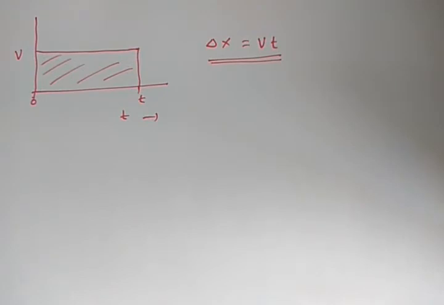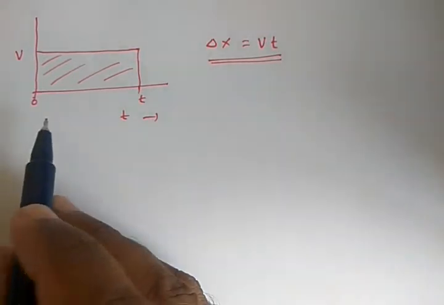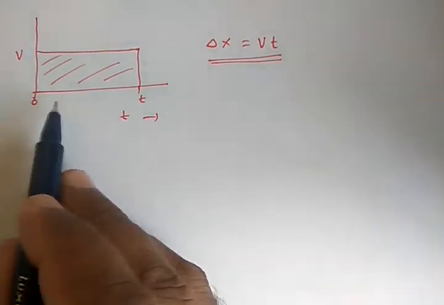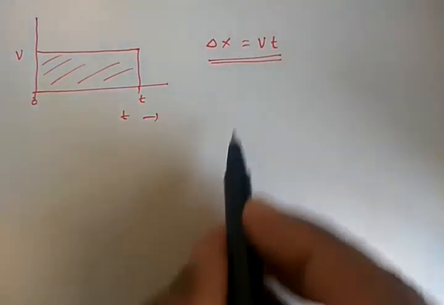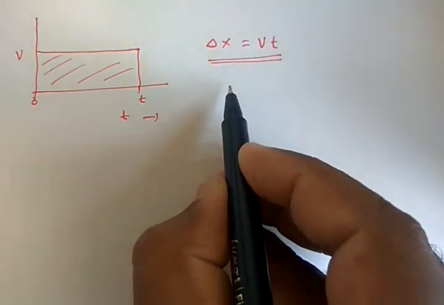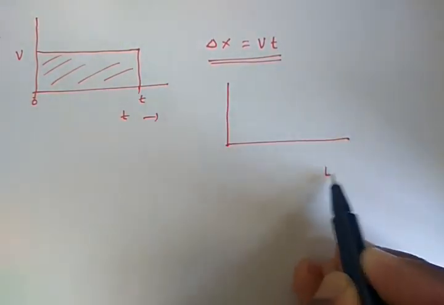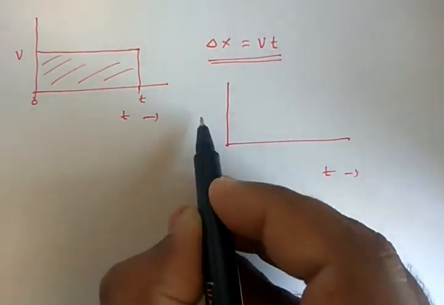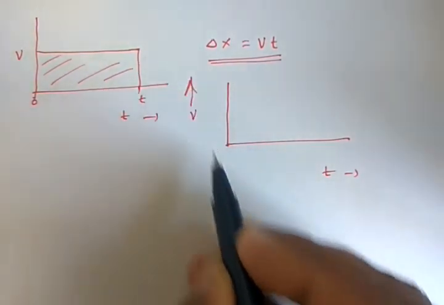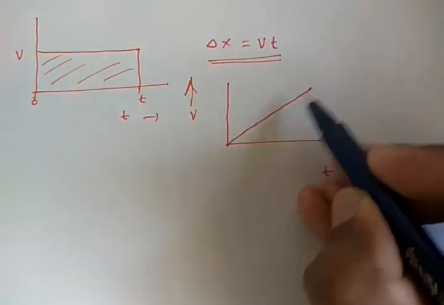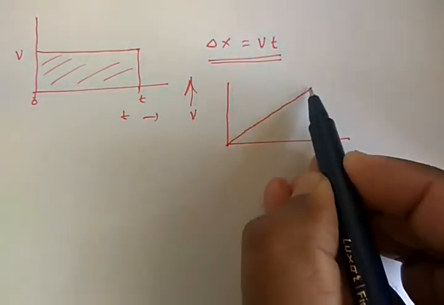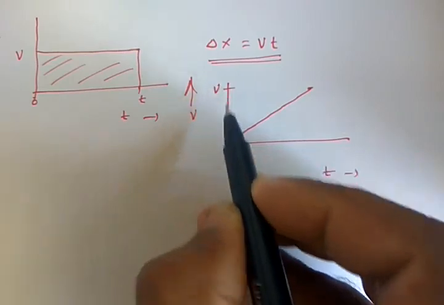Sometimes velocity may not be constant. For example, if velocity is not constant, let us say here is time t in seconds, and this is velocity, and as time goes on, velocity increases. Let us say this is the maximum velocity, and it's v.